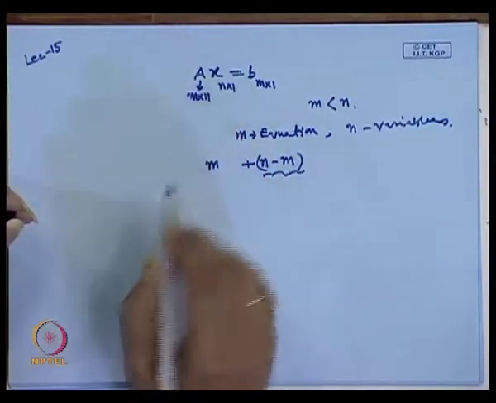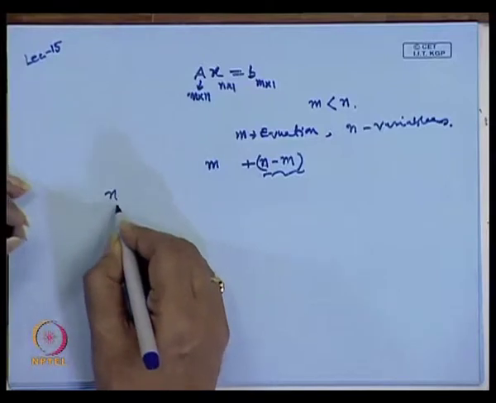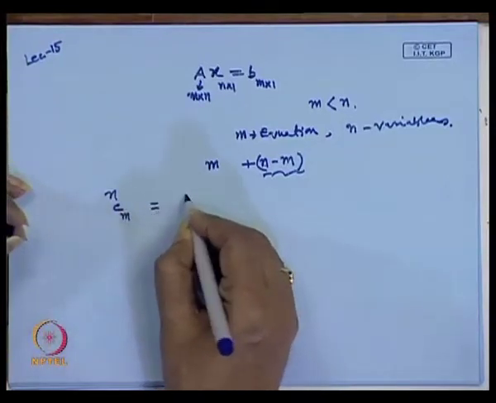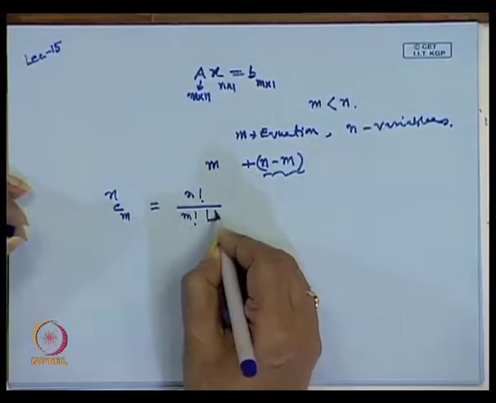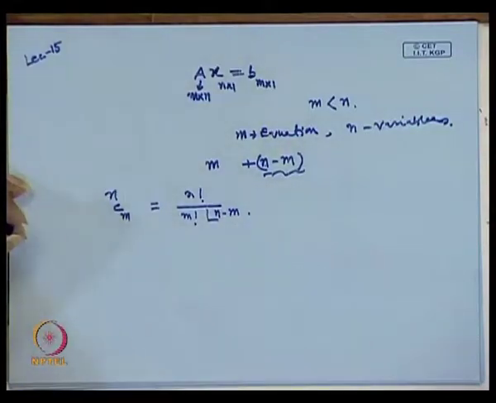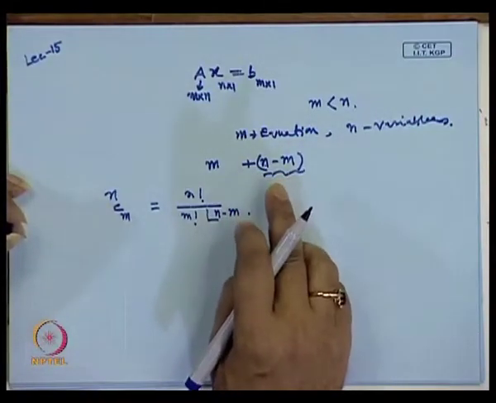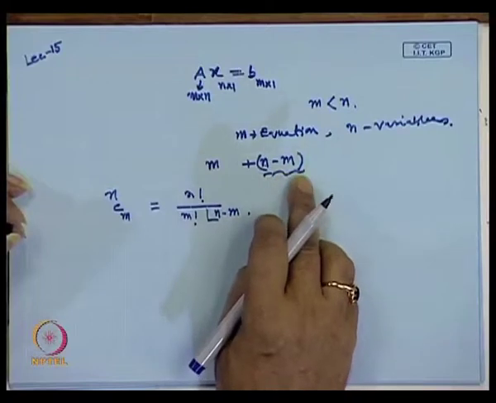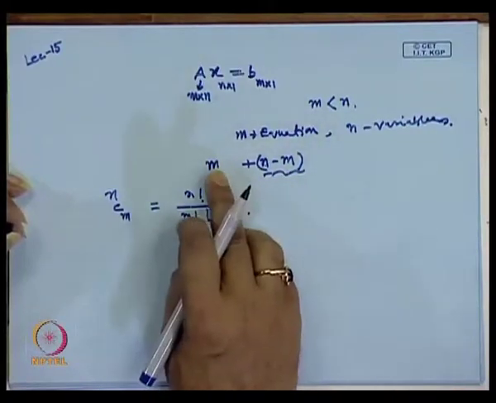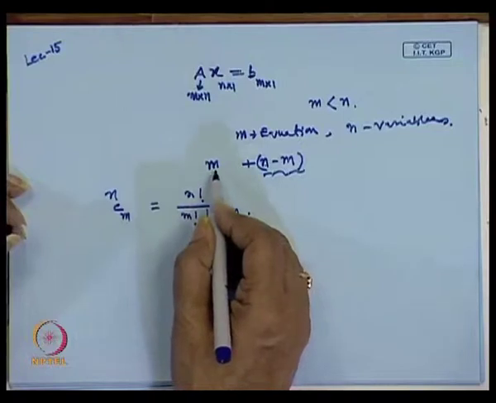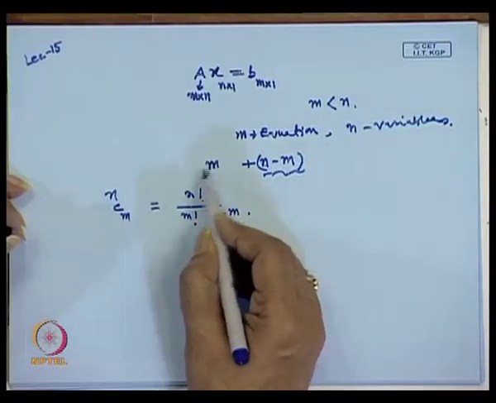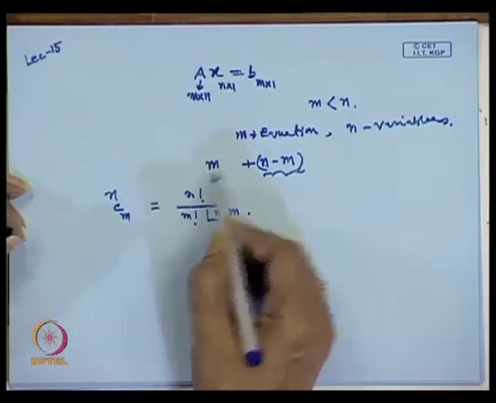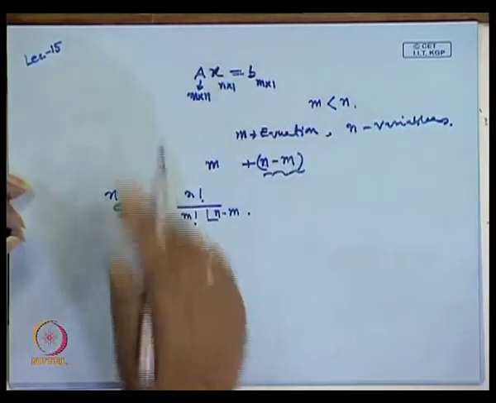The number of basic solutions we get is nCm, that is equal to factorial n divided by factorial m and factorial n minus m, which we have seen. The variables assigned 0 are non-basic, and the variables which are non-zero are the basic variables of this solution.